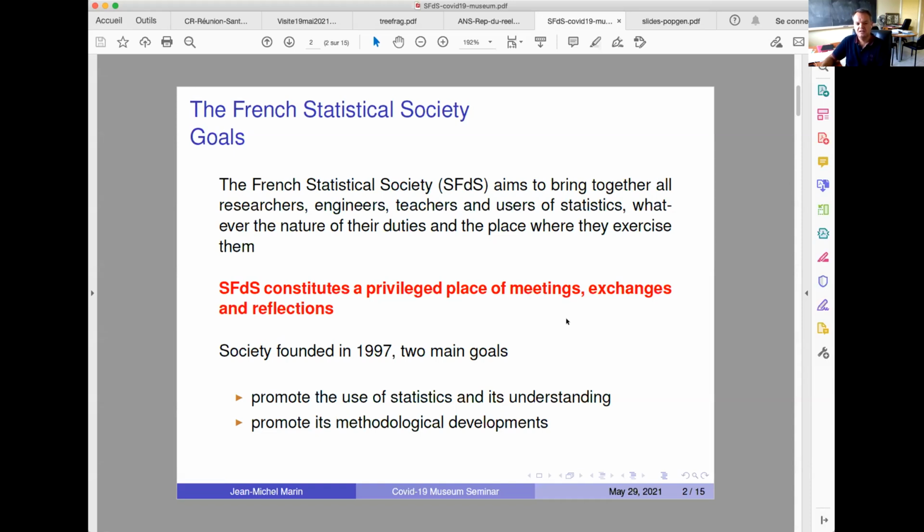The society was founded in 1997 with two main goals. The first one is to promote the use of statistics and its understanding, and the second one is to promote its methodological developments, as a classic national society.